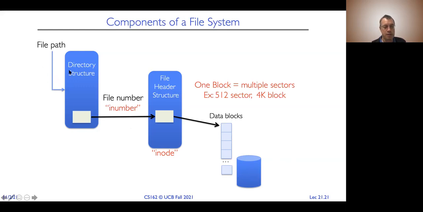You take the file path, which points into some directory structure. You find the file, and the file is identified by a number called the inumber. This inumber points to a data structure called the inode, which contains all the information about that file, like protection permissions, and also information about the blocks where the data in the file is stored. This is the inode.